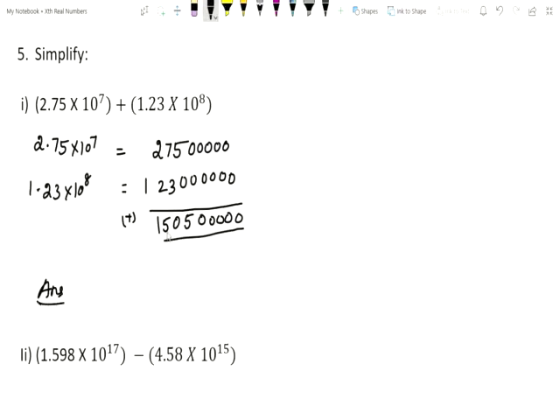See here, how are we going to write this? 1.505 into 10 power, after the 1, how many digits are there? 1, 2, 3, 4, 5, 6, 7, 8. So what is the answer? 1.505 into 10 power 8. You understand, children? Okay. See the next one.